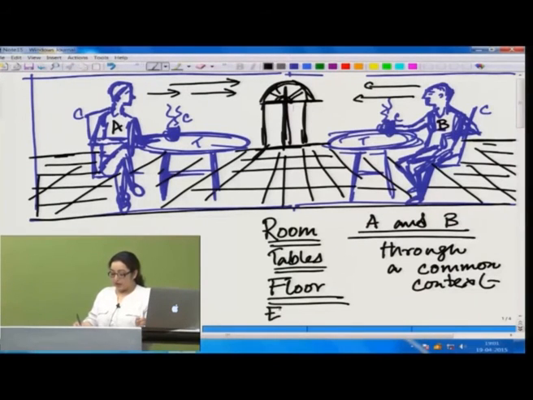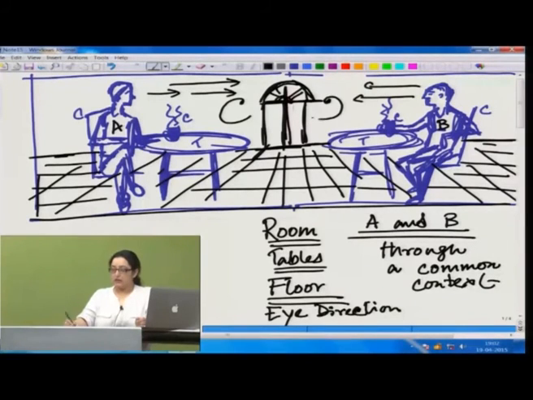So, it is the eye direction that creates a formation, say a C and a reverse C, that puts them together, and that gives us the connection.